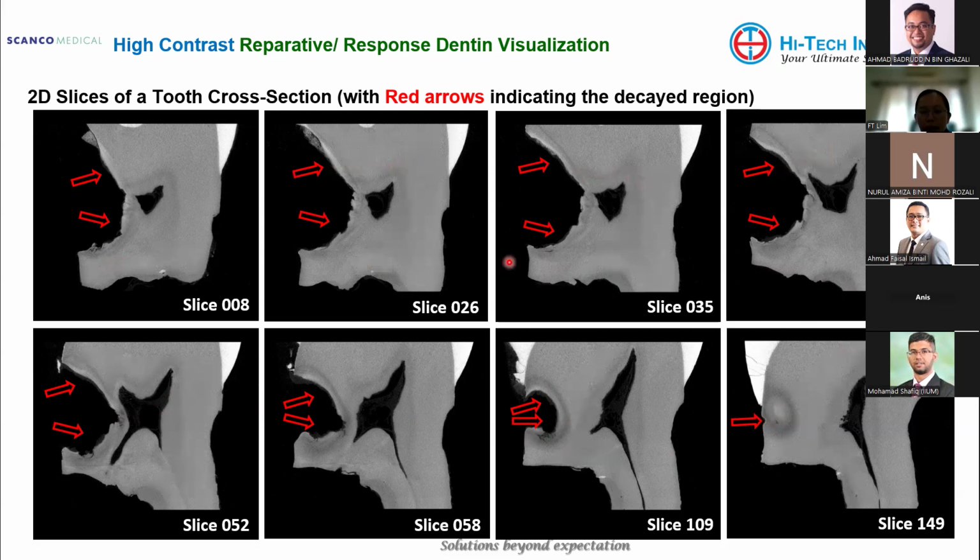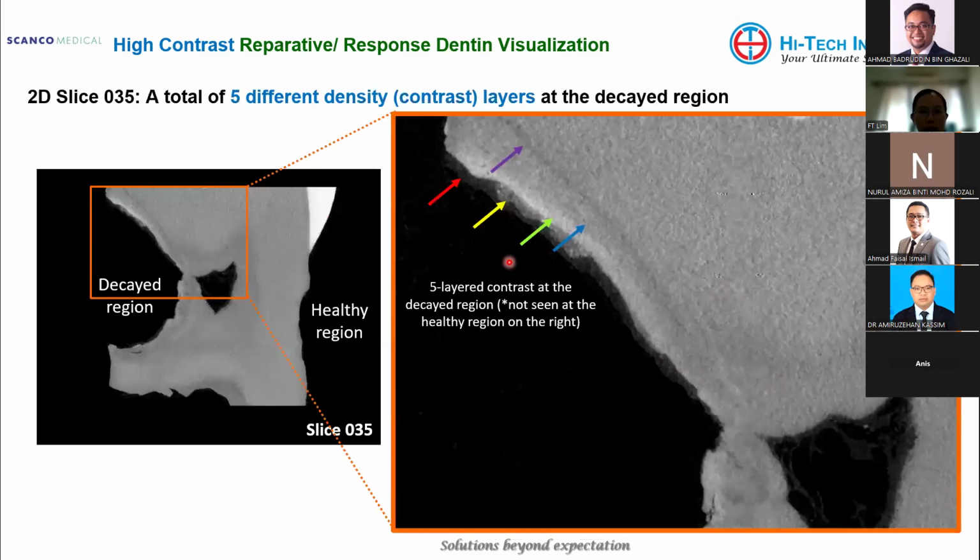When we zoom in and look at the different contrasts, exploring which layer is the new dentin, we find there are actually 5 different contrast layers. You can see one layer here, one here, one here, one here. This should be similar at this area, and one here. These 5 layers, basically you will not see in the healthy region here.